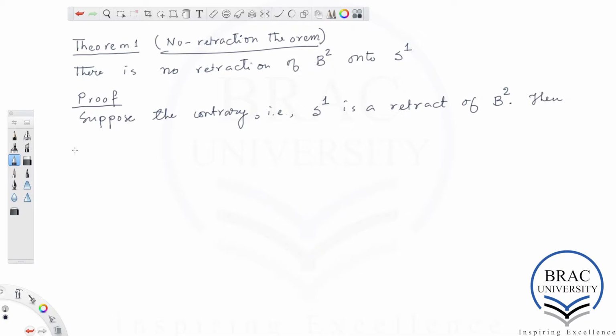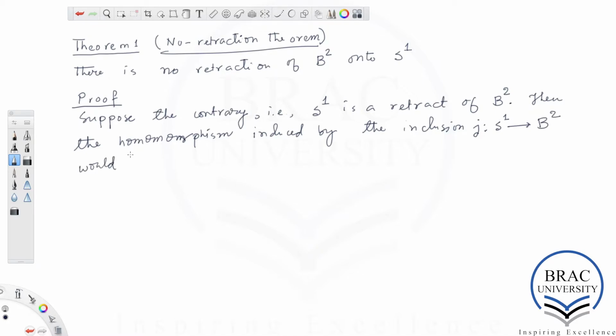Then the homomorphism induced by the inclusion of S1 into B2 would be injective, by lemma 1, which we proved a while ago.